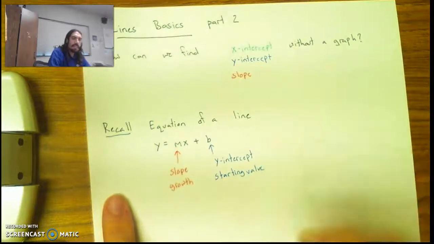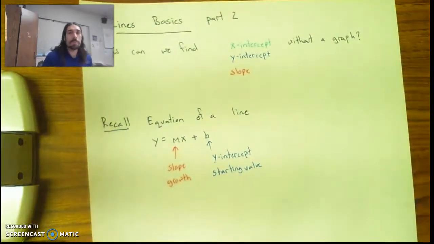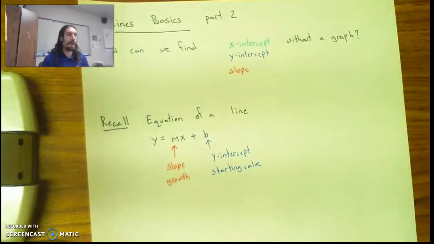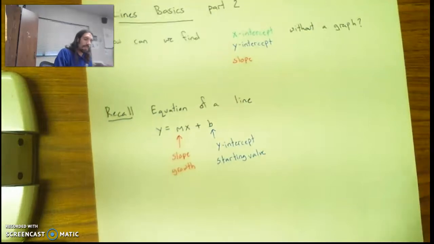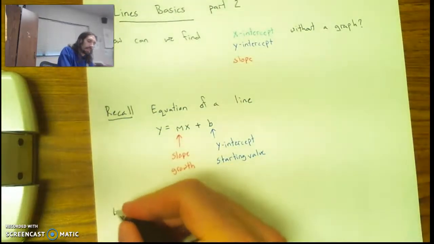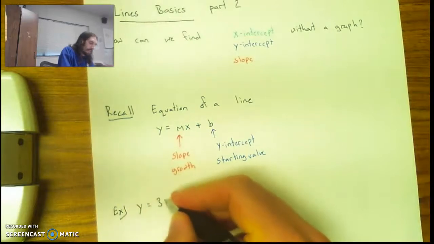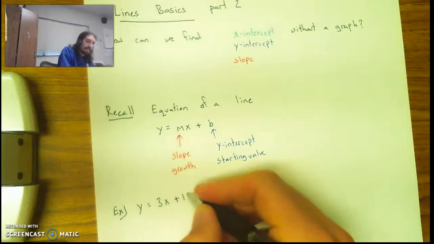So the idea here is the moment I give you an equation, two of our 3 points of interest we know right away. So let's jump into an example real quick. First example I'll take a look at is this one right here. y equals 3x plus 18.